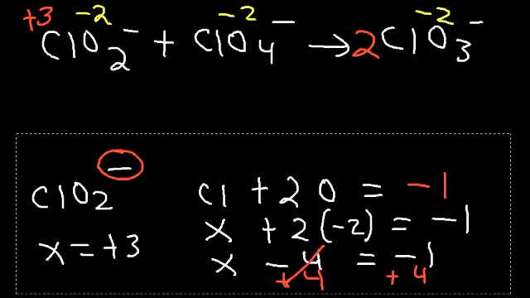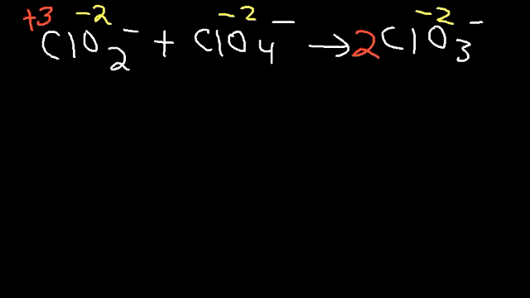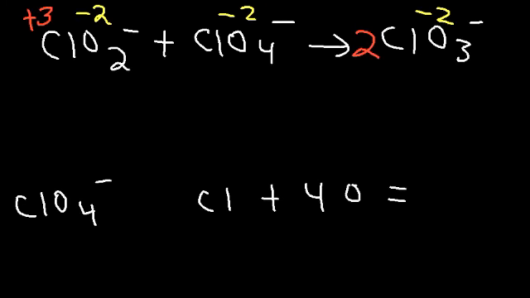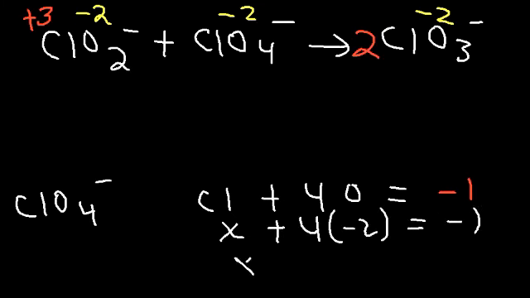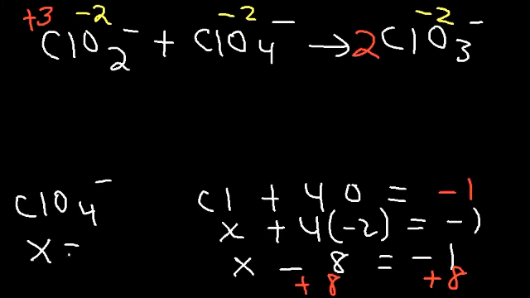So now let's do the same thing for chlorine in perchlorate. So we have 1 chlorine atom plus 4 oxygen atoms, and the net charge is -1. So 4 times -2 is -8, and if we add 8 to both sides, -1 plus 8 is 7. So that's the oxidation state of chlorine in ClO4.